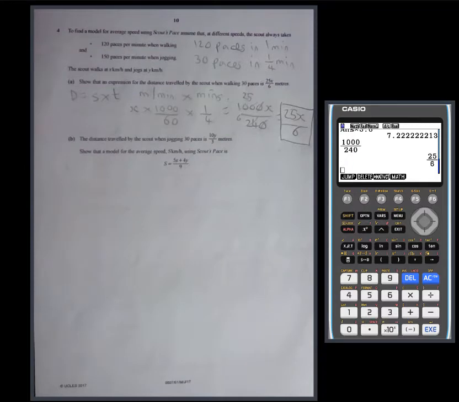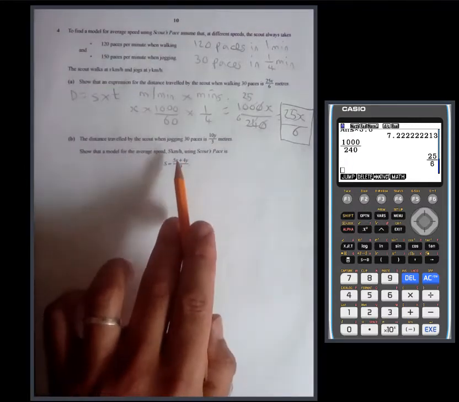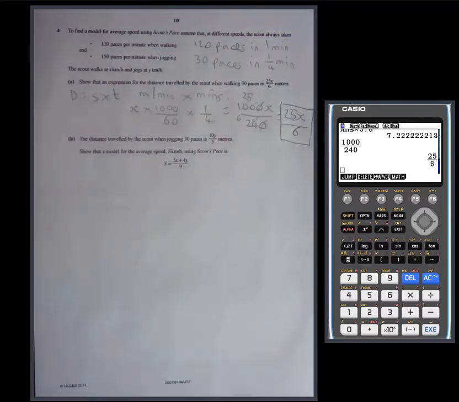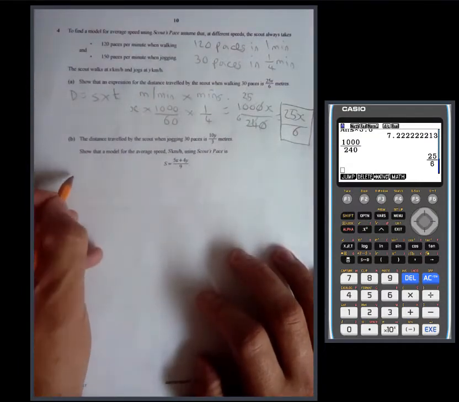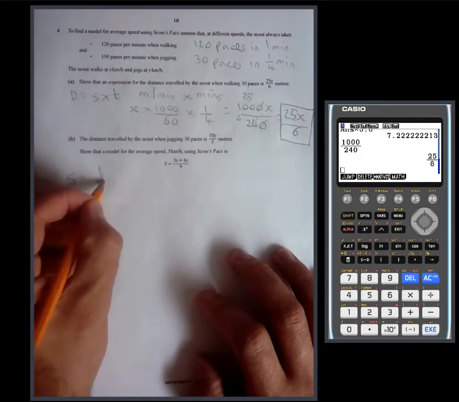Show that a model for average speed S in kilometers an hour using Scout's pace is S equals 5x plus 4y over 9. And we've got quite a lot of space for this, which suggests that it's going to be quite tough. So for speed, we know that speed is distance over time, S equals d over t.